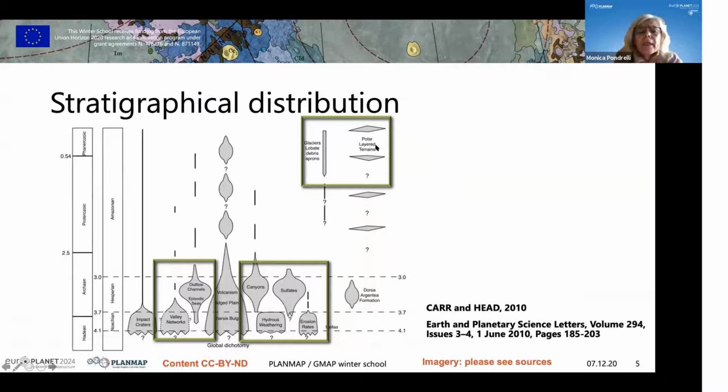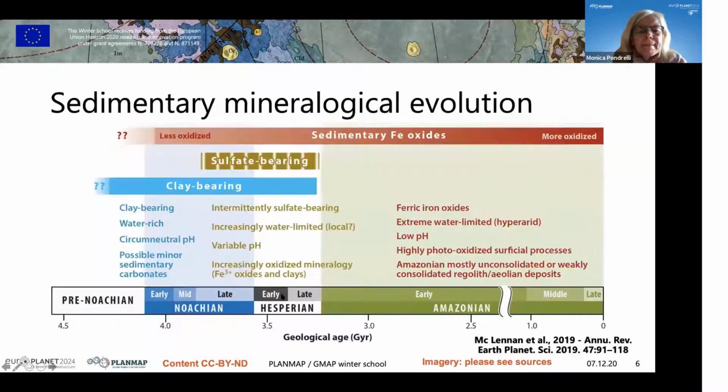The polar layered deposits are forming even now, just like Aeolian deposits, dust, but also dunes that have been shown to move even today. But for most of what I'm going to say in the next slides, I will stick to this part because it's the most significant one, so to say.